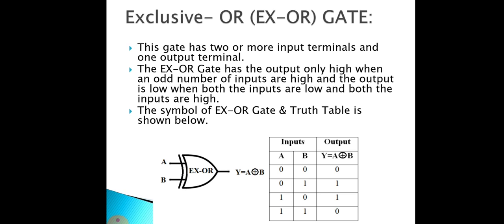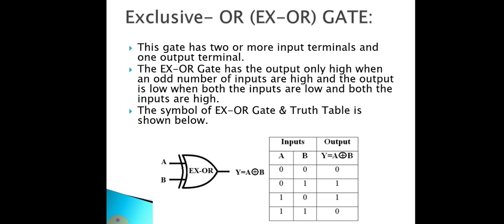An XOR gate has, as we already discussed, two input terminals and only one output terminal as shown in the figure. The truth table of a two-input XOR gate is as shown in the figure, which shows that when both the inputs are at identical logic levels, means A is equal to B, the output is low.